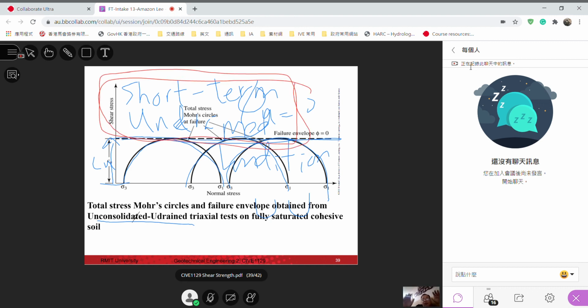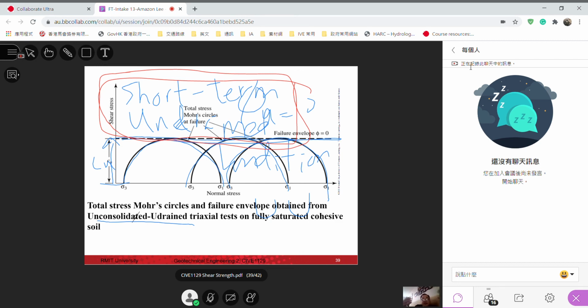Now when we go to the last chapter, the bearing capacity, and the second last chapter, the slope stability, we will examine the slope under drained condition, fully drained condition, and the slope and foundation under fully undrained condition. Then we will examine which case is more critical, gives you a lower factor of safety, more easy to fail.